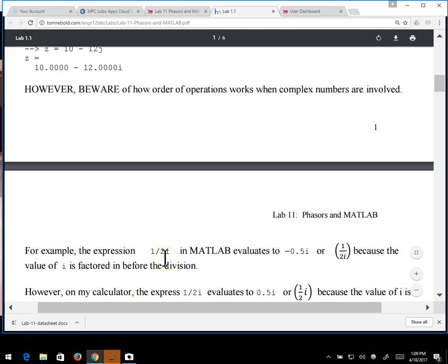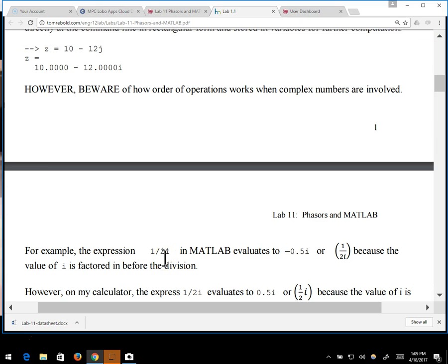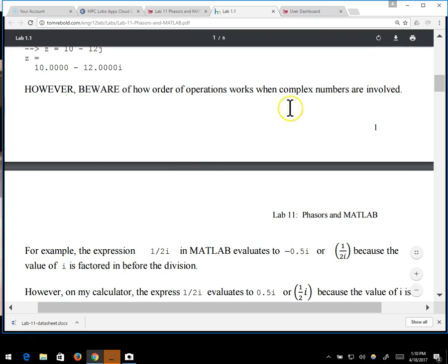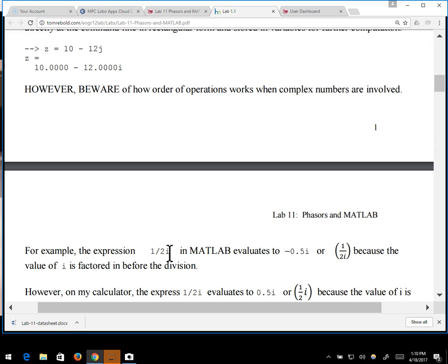This is the one thing that can screw you up if you're not careful: the order of operations when complex numbers are involved. If you say 1 over 2i in MATLAB, that equates to minus 0.5i. You might think that's a half i, where the i is in the numerator, but in fact it's 1 over parentheses 2i, because the i sticks to the 2, and it does that before it hits the division operation.